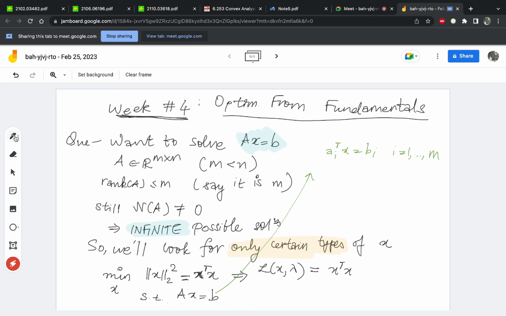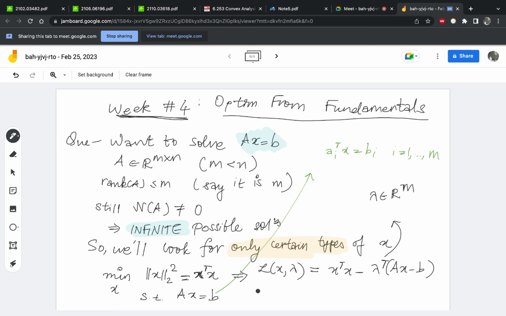So that means I have m constraints. So I'll just compactly write it as lambda transpose (Ax minus b). So lambda should be an m-dimensional vector, right? Yes. So that means lambda will be some m-dimensional vector.